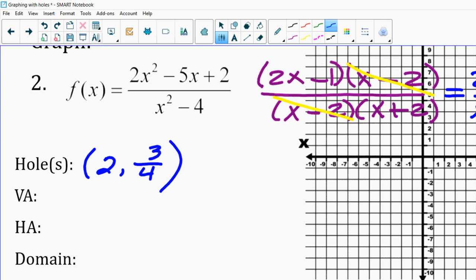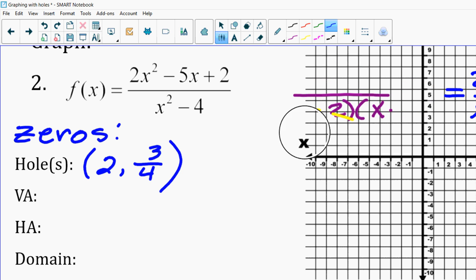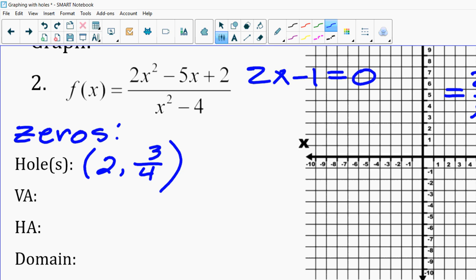Now remember, zeros were left off. Everything else I do is going to come from this simplified fraction. A fraction is equal to 0 when the numerator equals 0. Good. When is 2x minus 1 equal to 0? Add 1. Divide by 2.